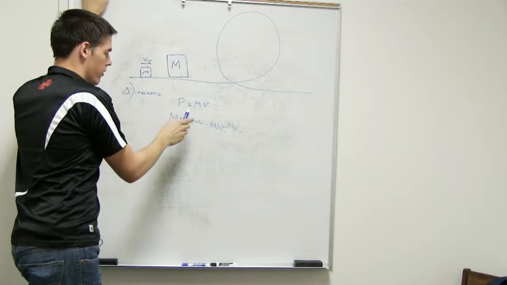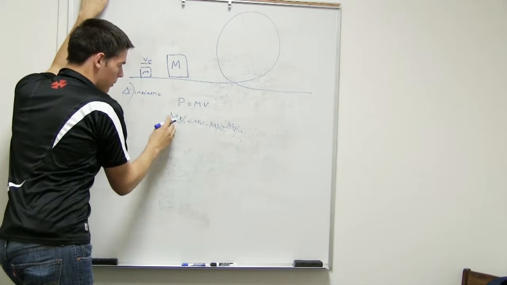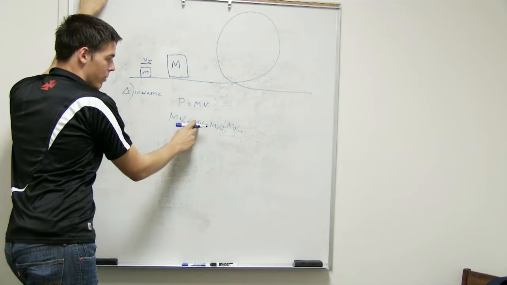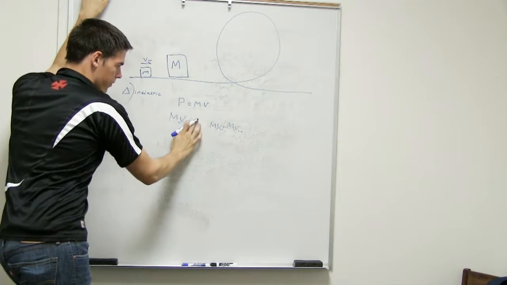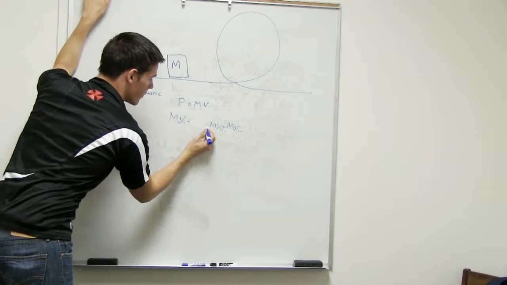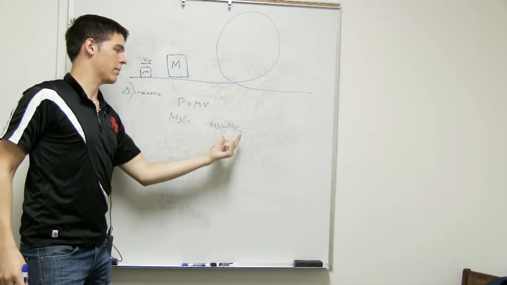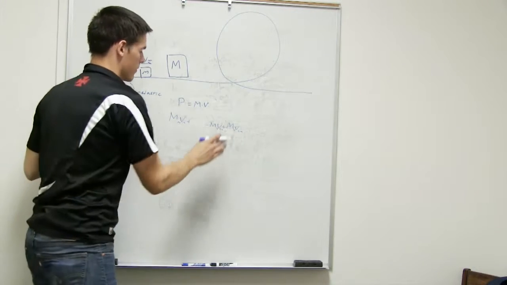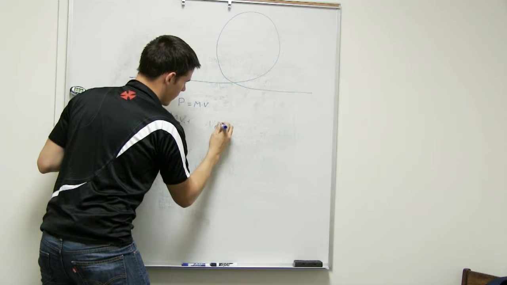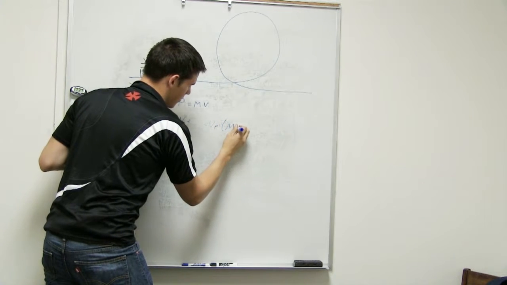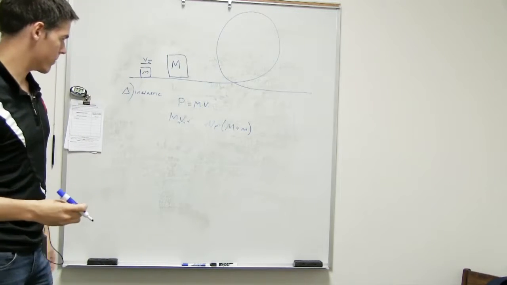So that's this one right here, this m, and we have this baby m and this M. What's this velocity right here? 0. Cool. So then that helps. Since it's going to be inelastic, these velocities are going to be the same. So it's just V final times M plus baby m, in parentheses.